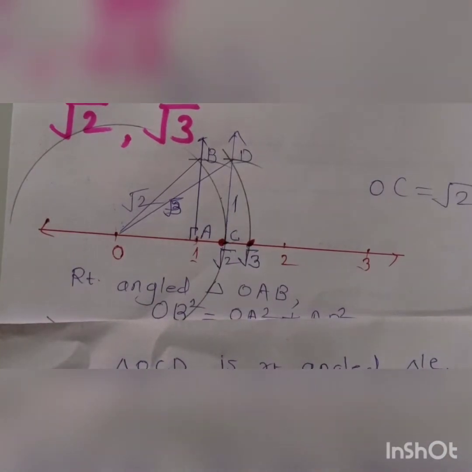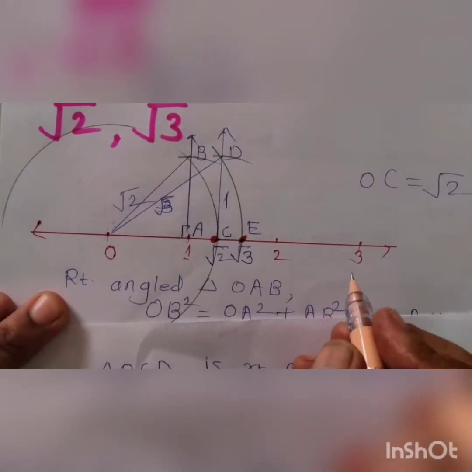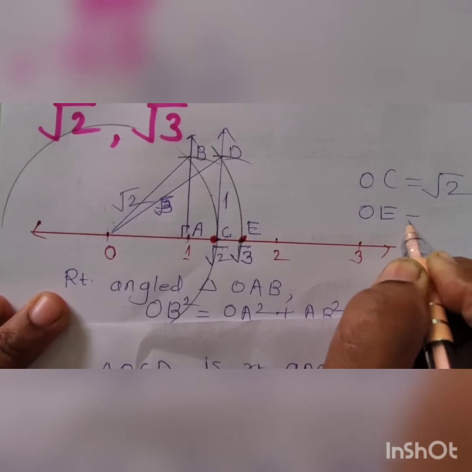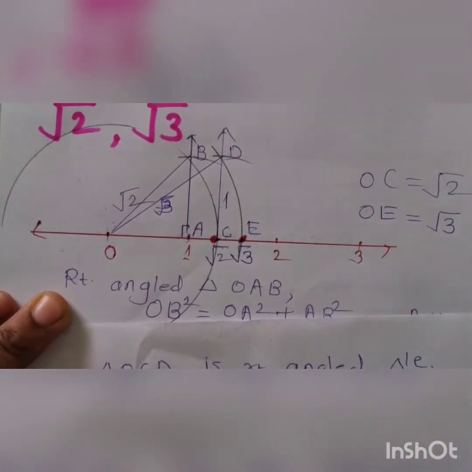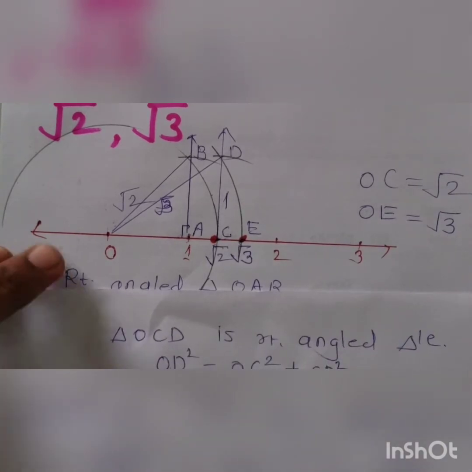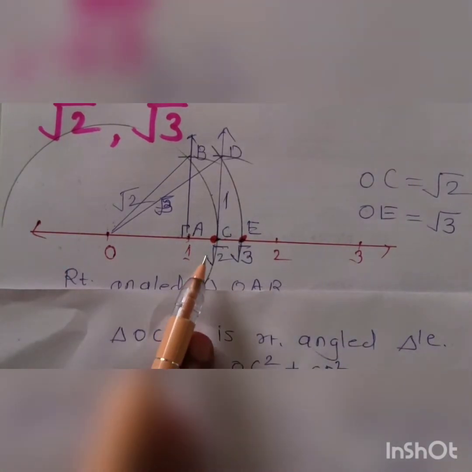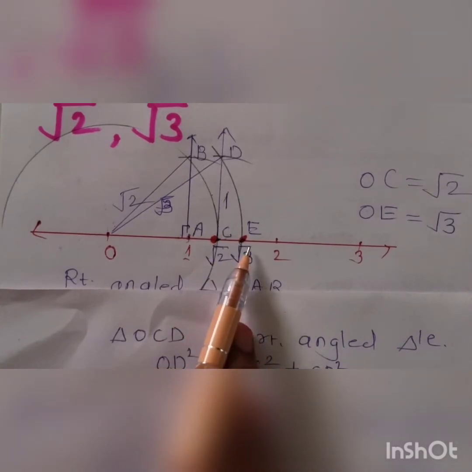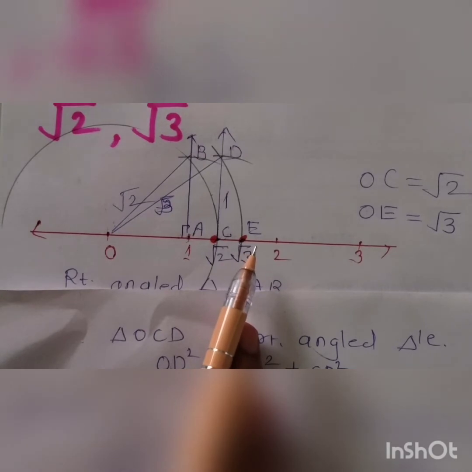If we name that point as E, then we will say here distance OE is equal to root 3. Means on this number line, point C represents root 2 and point E represents root 3. And in this way, here we learn how to represent root 2 and root 3 on the number line.